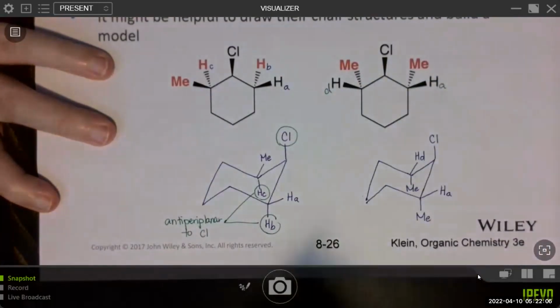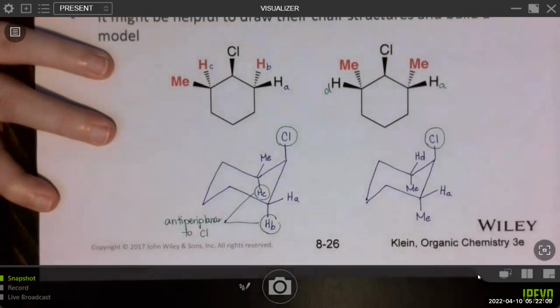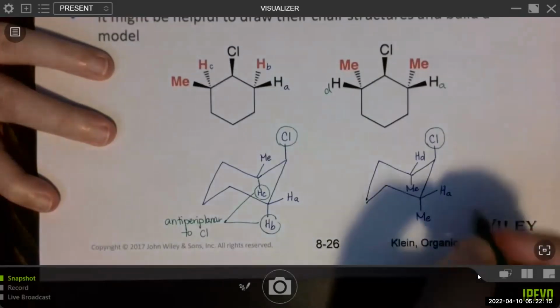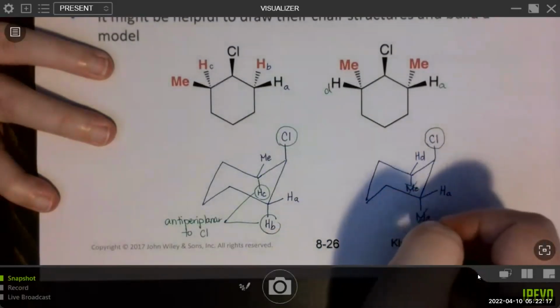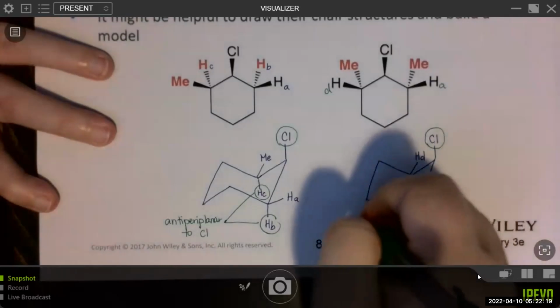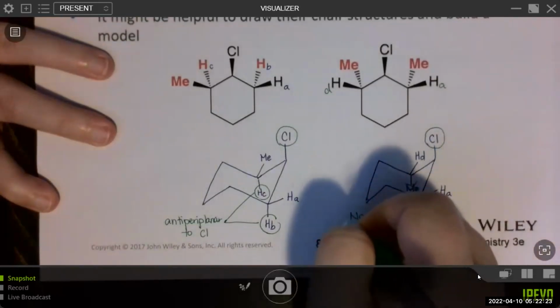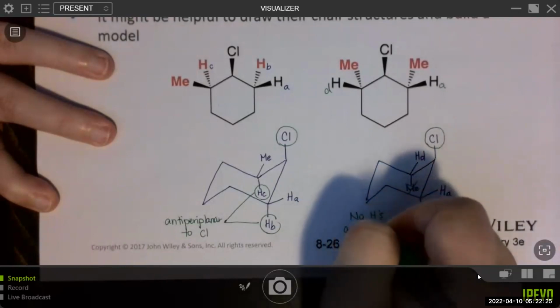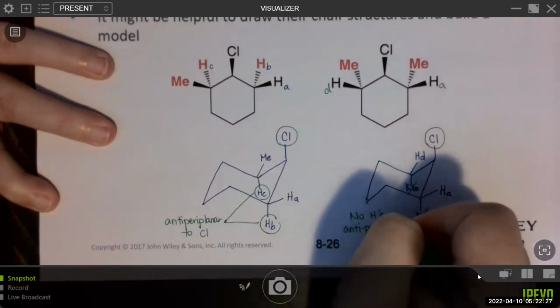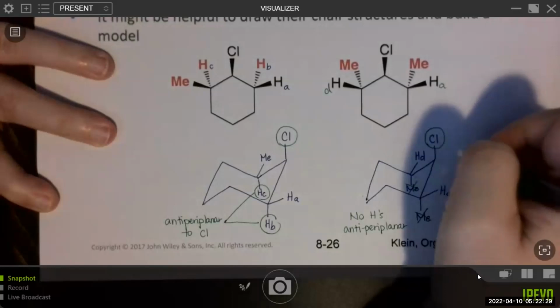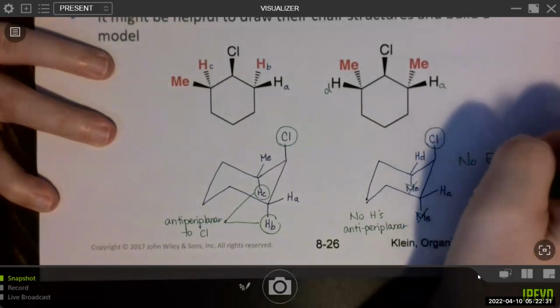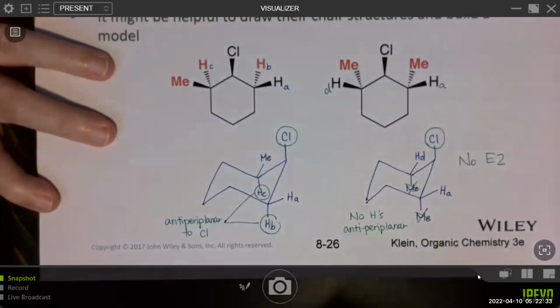Okay, so are there any hydrogens on the beta carbons that are anti-periplanar to the leaving group? No, right? So both of these are not hydrogen groups, right? So there's no hydrogens anti-periplanar, which means no E2 reaction can occur in this substrate.